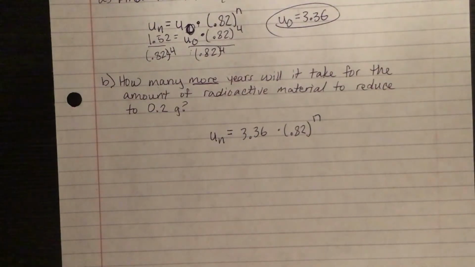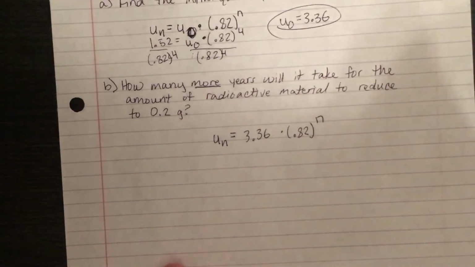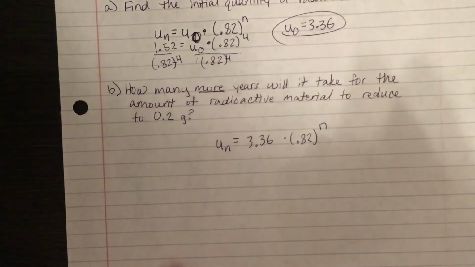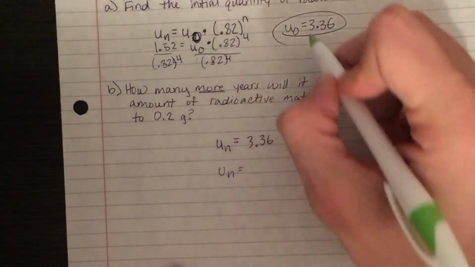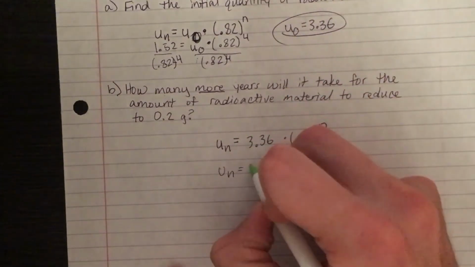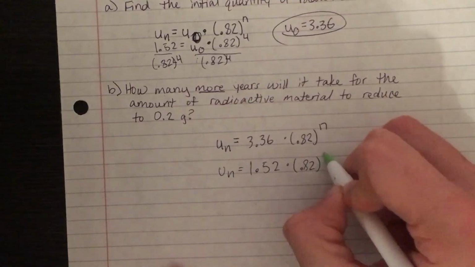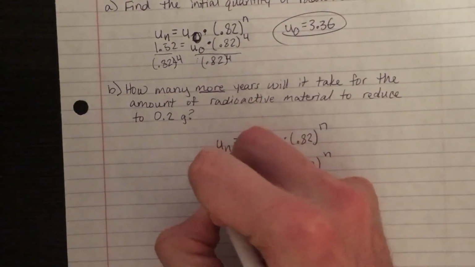Well, let me think here actually. Since we're doing how many more years, we need to go from year 4. So we're going to do U_n equals 1.52 times 0.82 to the n, and we're going to set this equal to 0.2.